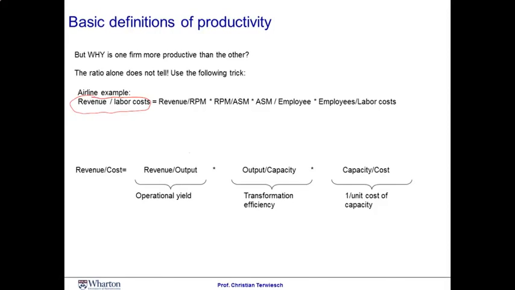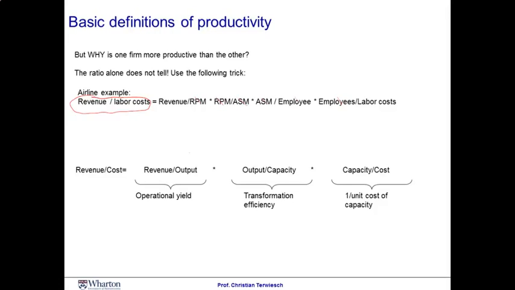Now you might be scratching your head here a little bit, but at least you will hopefully agree with me that mathematically this equation is true. After all, this term cancels against this term, this term cancels against this term, and this term cancels against this term, and we are back to the initial expression.